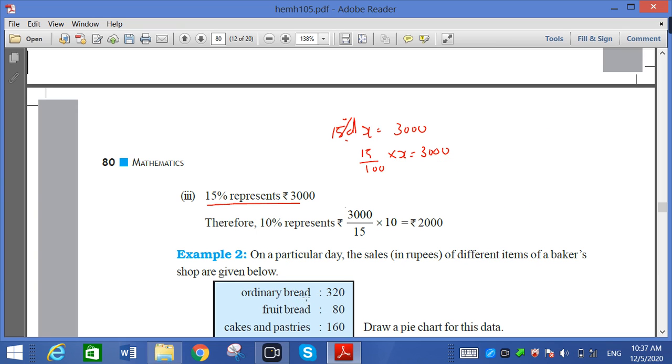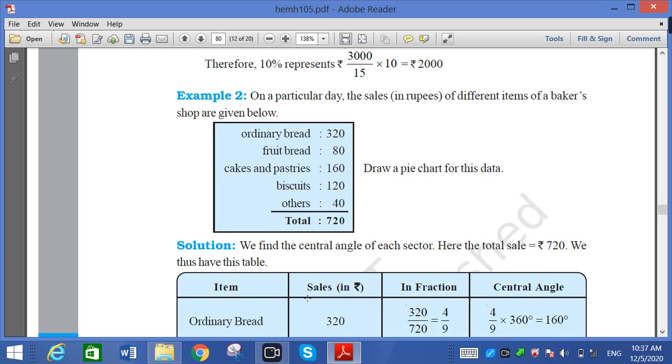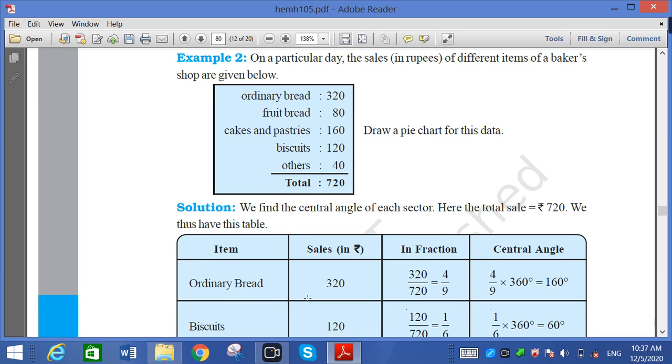Now example 2. On a particular day, the sales in rupees of different items of a baker's shop are given below. So draw the pie chart of it now, that is important. 720 total is there. First of all we have to make every degree.